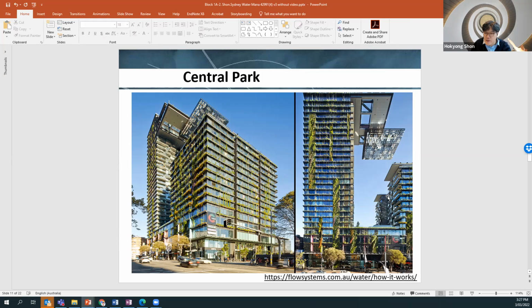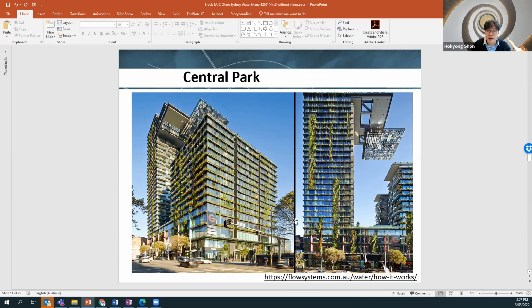Also, there is a small building near Central Park. I think in this place there is a power plant. So Central Park consists of a self-powered power plant. They need cooling water.